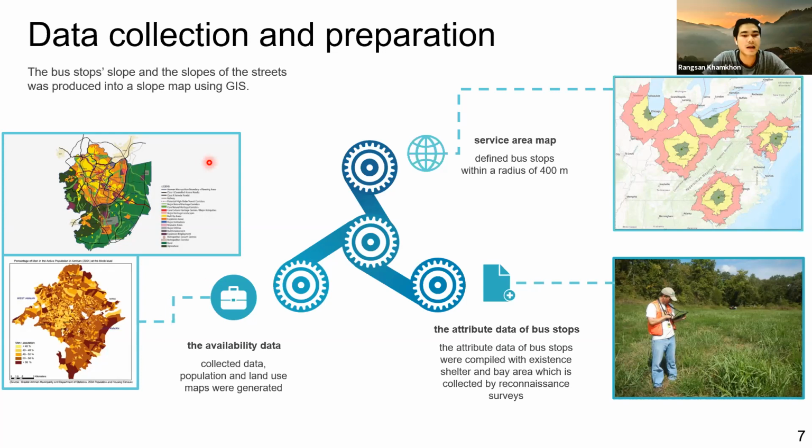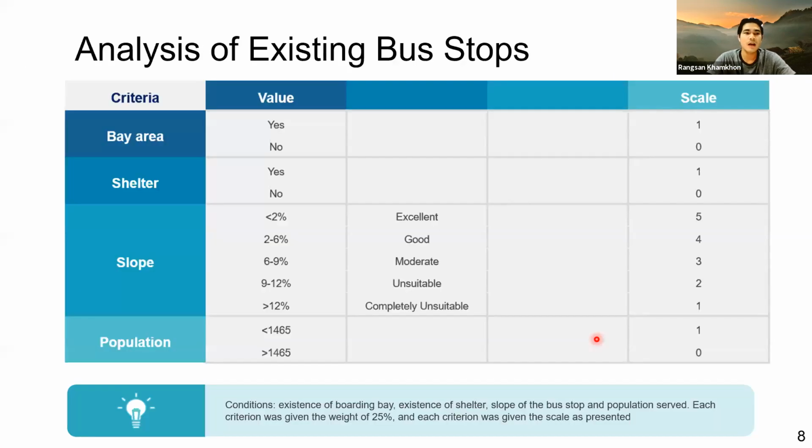The first one is availability data, to collect data and generate the population and land use map, and the service area map to define bus stops within a radius of 400 meters. And the last one, the attribute data of bus stops compiled with existing shelter area and bay area, which is collected by field survey. Okay, next.